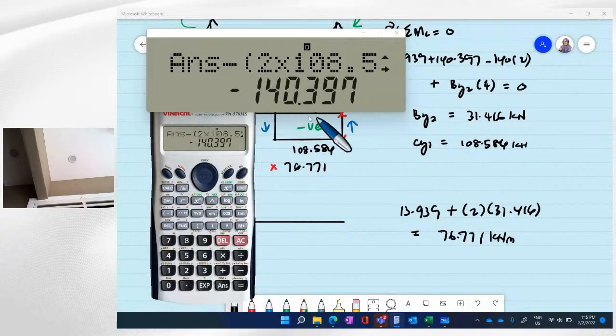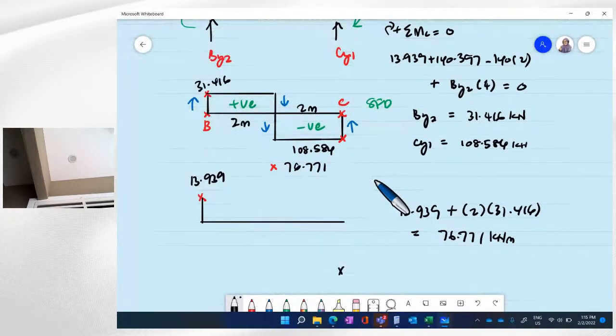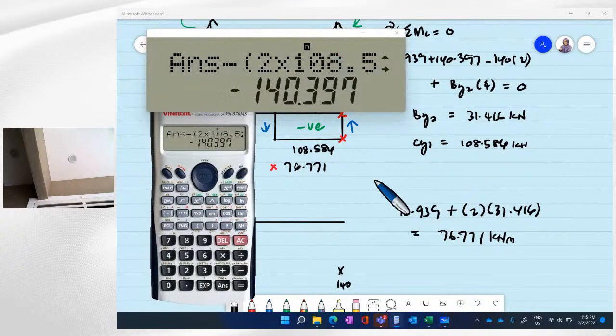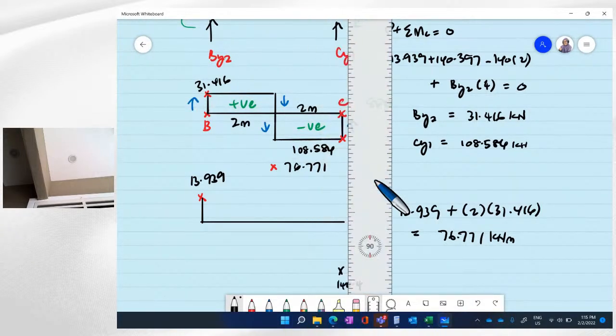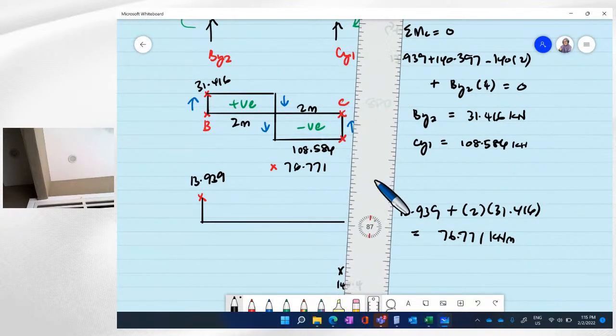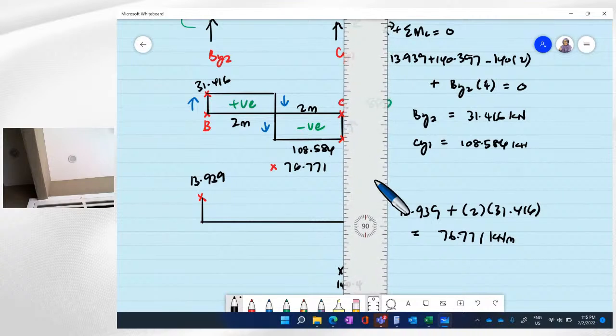We get 140.397, 114.4. So the last point is 0.